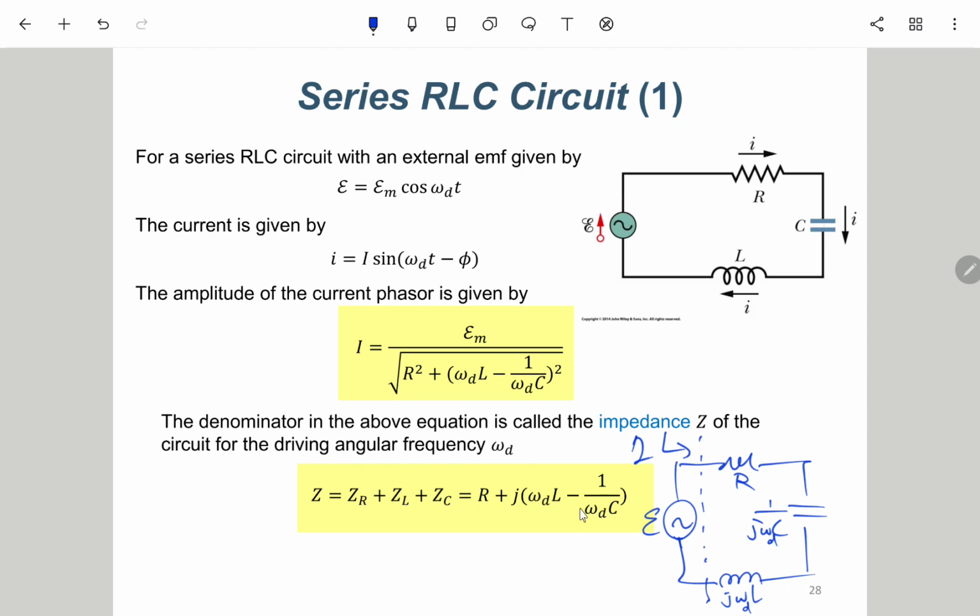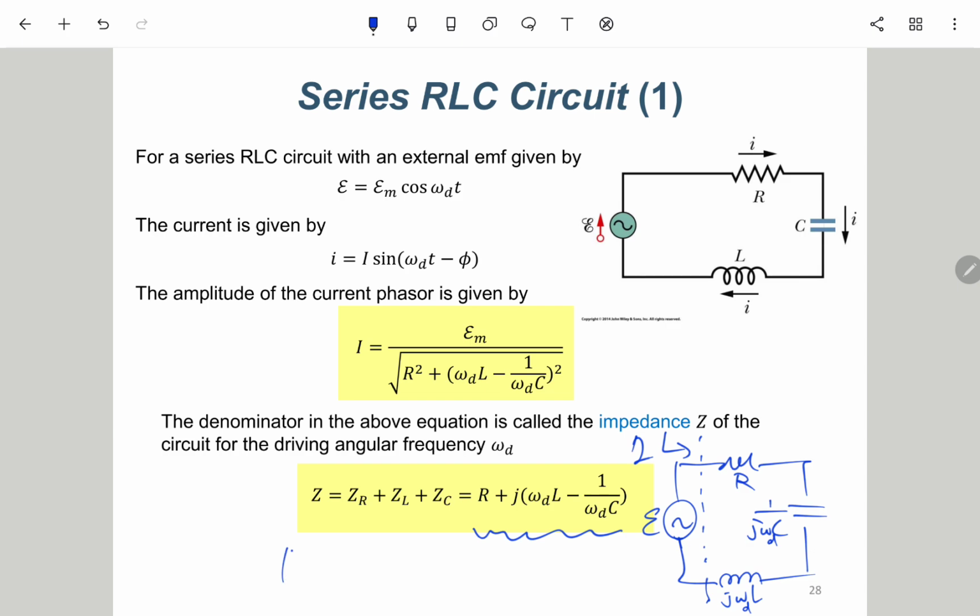And then, as I mentioned many times, 1 over jω_D C is negative j over ω_D C, so j times negative 1 over ω_D C. This is the imaginary part. So you can easily see that this is the absolute value of these parts.